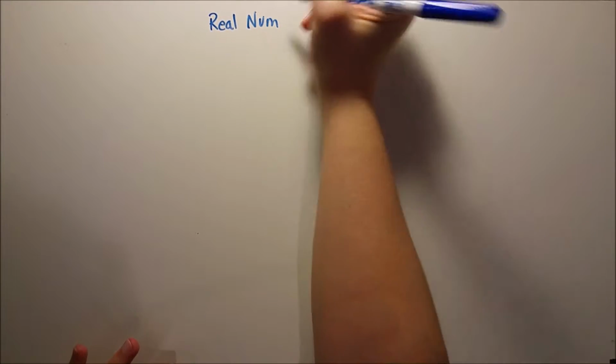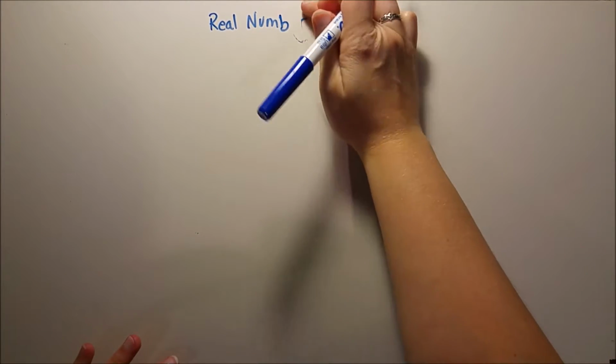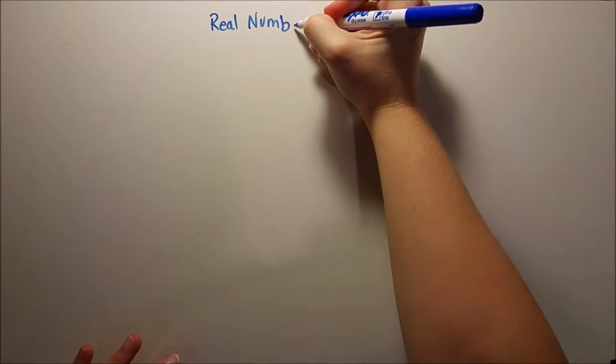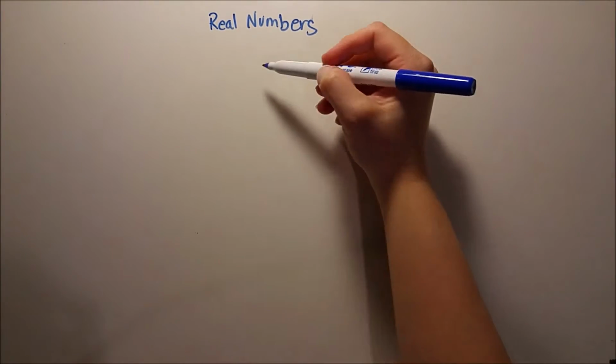let me make a chart here. Making sure we can see it. All right, real numbers. The two main groups in the real number system, the two main sets, are rational and irrational numbers.